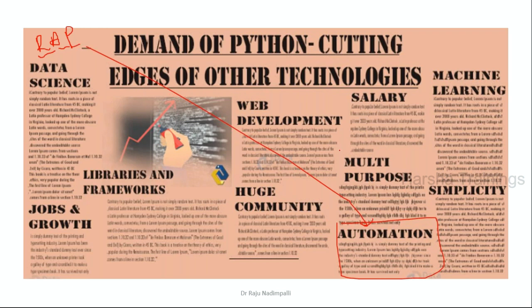And Python is a multi-purpose language; right now I'm also using Python for IoT applications. Earlier we used C language, now we are using Python for automation and for IoT kind of applications. Is it okay? And the most simple thing is that it is very simple to learn and easy to apply. Clear?